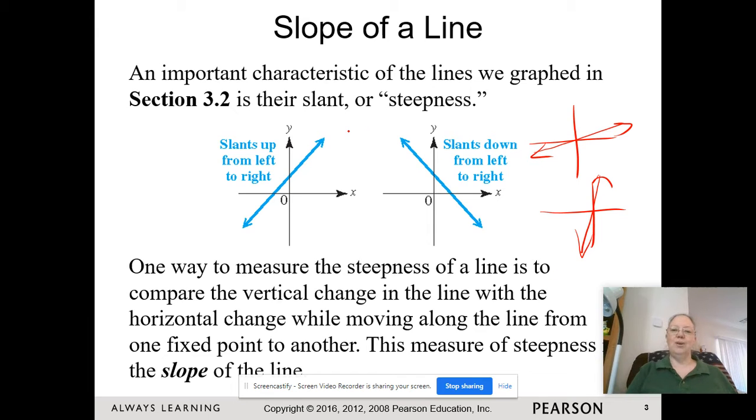We could have a line that goes up as we go to the right, or we could have a line that goes down as we go to the right. So all of this is encompassed in this word slope. So how steep is it? And in fact, is it going up or down?